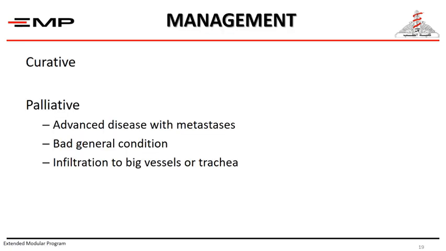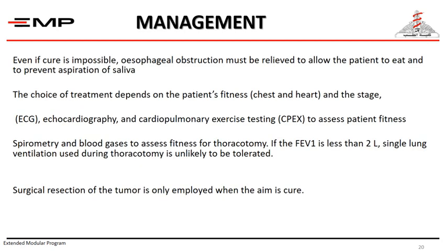To manage a case of esophageal malignancy, we have to define whether this treatment will be curative or palliative. Palliative treatment is indicated if the disease is so advanced with metastasis, if the patient's general condition is very bad and can't tolerate any surgery, and if infiltration to big vessels or the trachea exists.